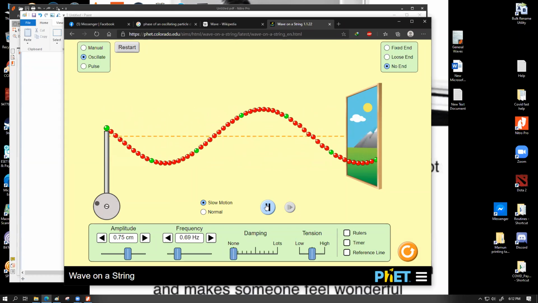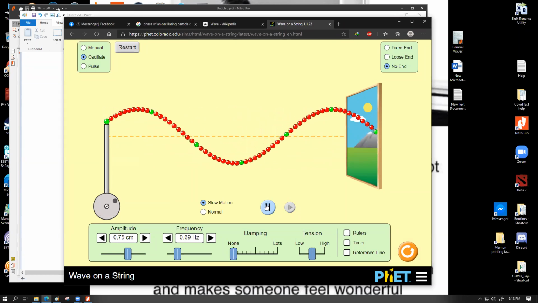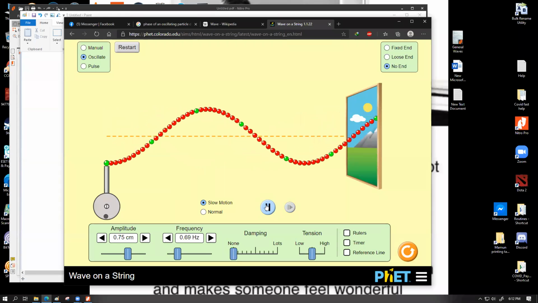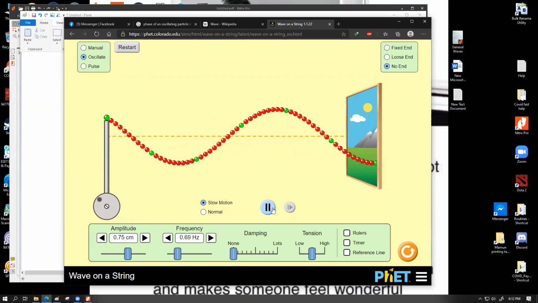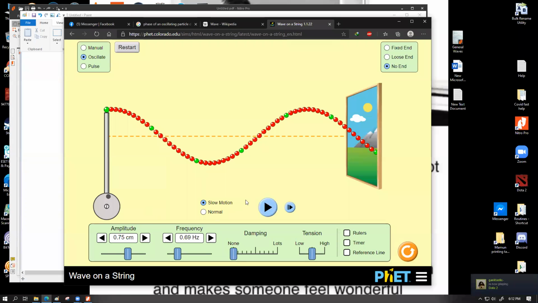Do you see that? Let's consider that in one time period, this crest is going to show up exactly over here. This is the total wavelength. From here to here, this is one wavelength.